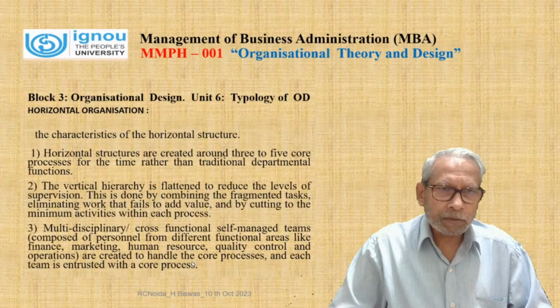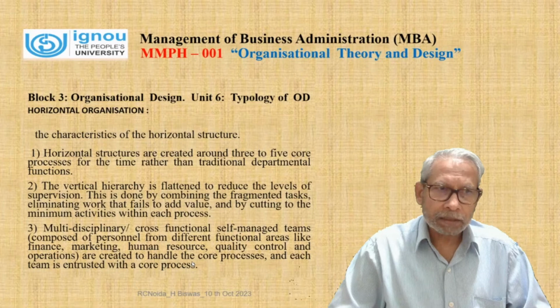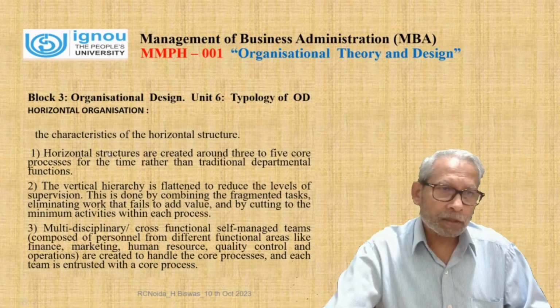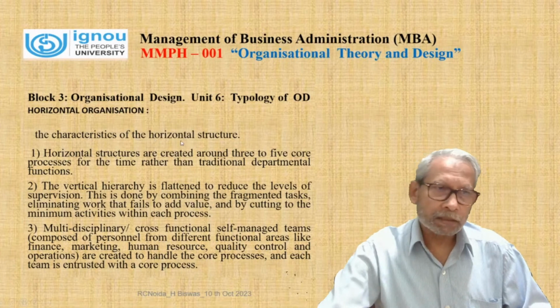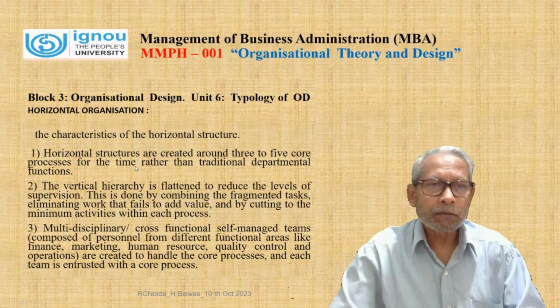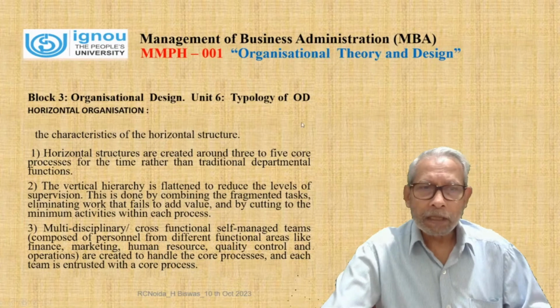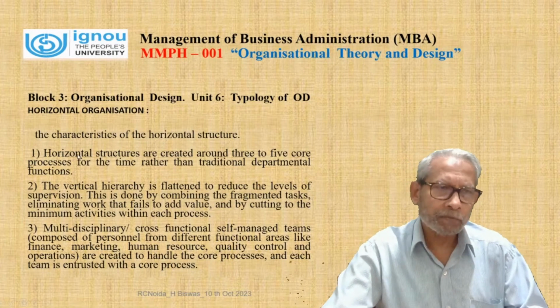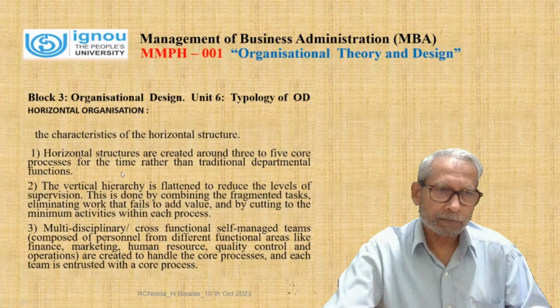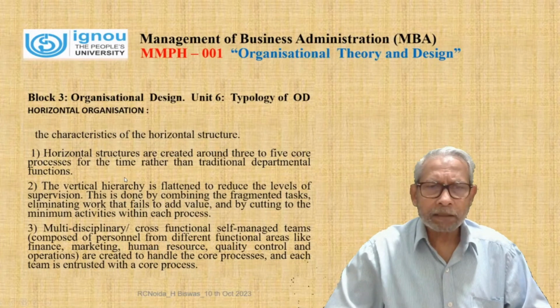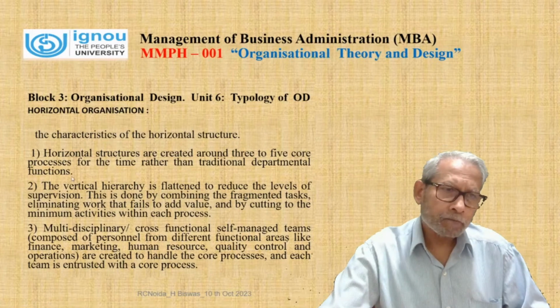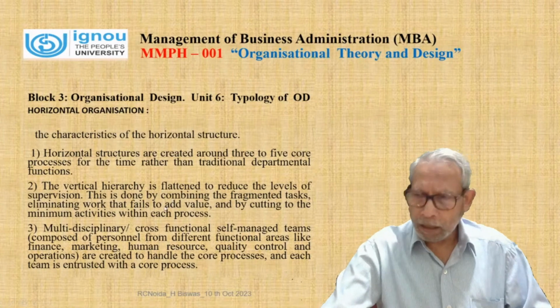Now the characteristics of the horizontal structures. Earlier we discussed the vertical, now we are talking about the horizontal. Horizontal structures are flattened, created around 3 to 5 core processes, meaning levels, rather than the traditional functions.